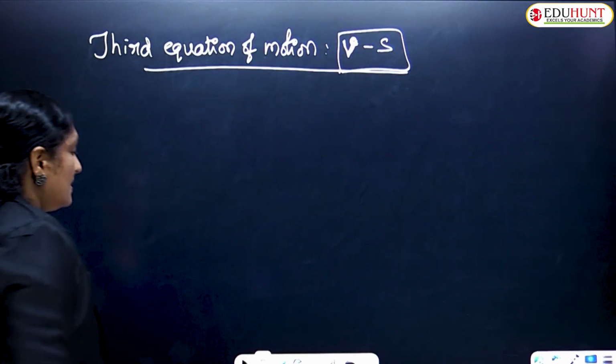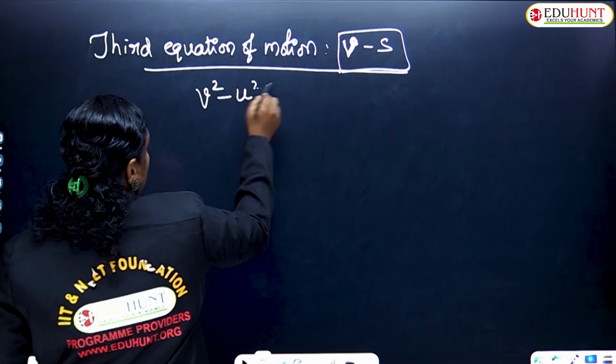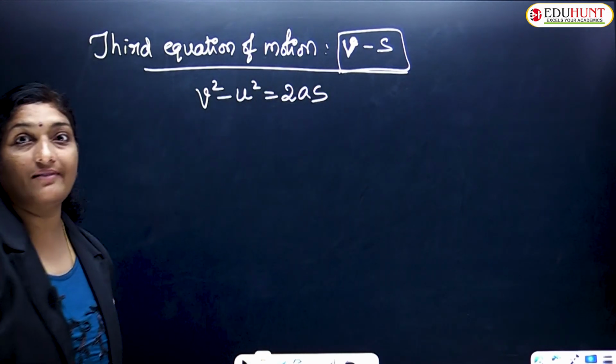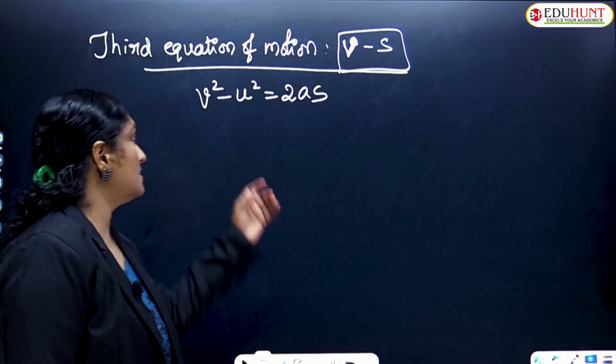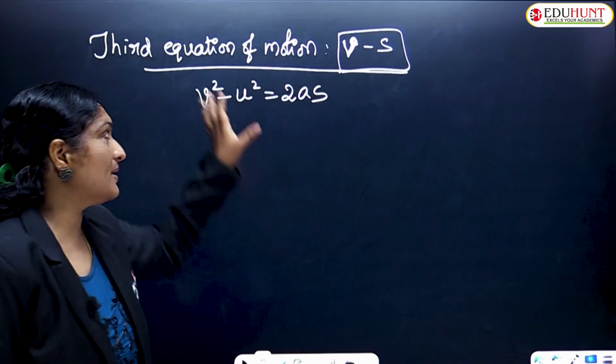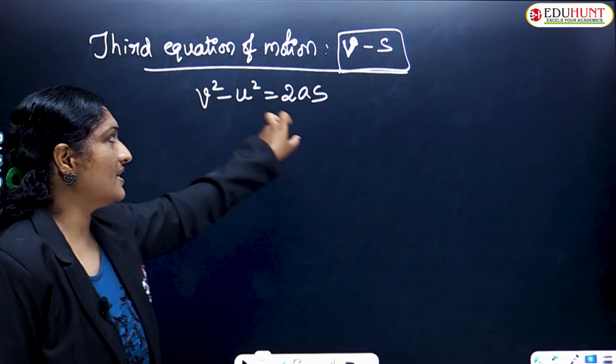Okay, children, so this relation is v square minus u square equals 2as, where v is final velocity, u is initial velocity, a is acceleration and s is displacement. This brings the relation between initial velocity, final velocity and displacement.